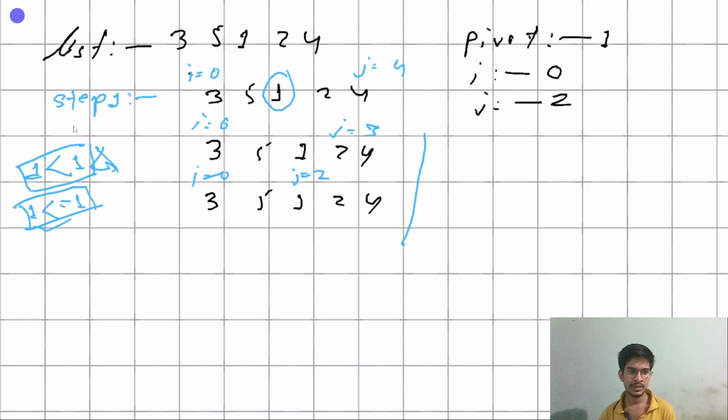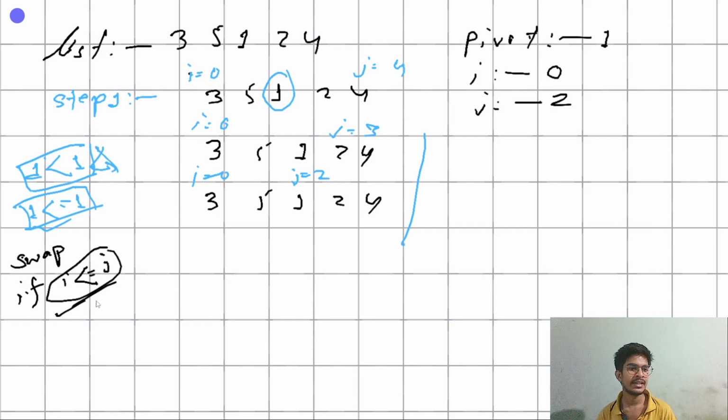It will swap if I is less than j. Sorry, yes, I is less than j. If this condition, I is less than or equal to j, is satisfied, then it will swap it.